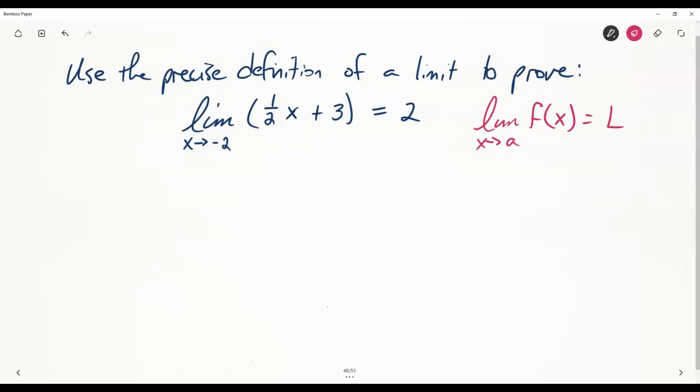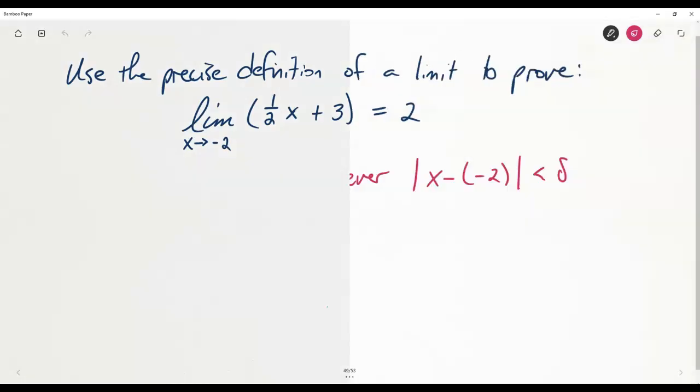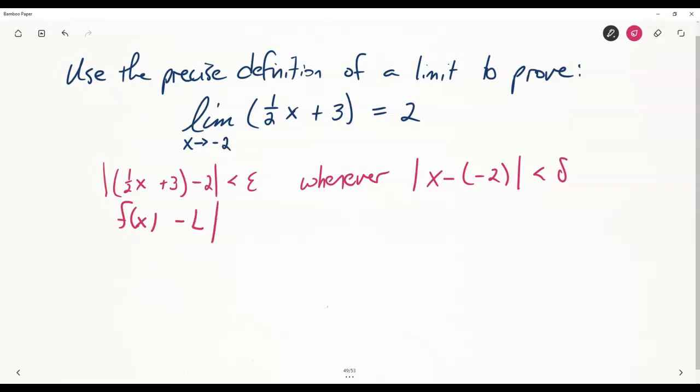I want to set up those inequalities with f of x, L, and a put into their right places. So that looks like this. This says the absolute value of f of x minus L is less than epsilon whenever the absolute value of x minus a is less than delta. That's exactly what we want.